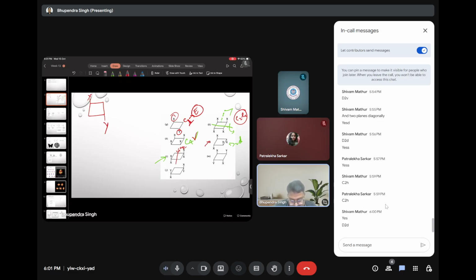So consider this is your principal axis. Don't you find any plane which is perpendicular to this C2 axis? If there is any plane, then it should be D2h.